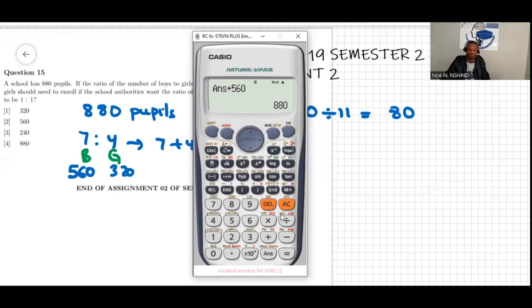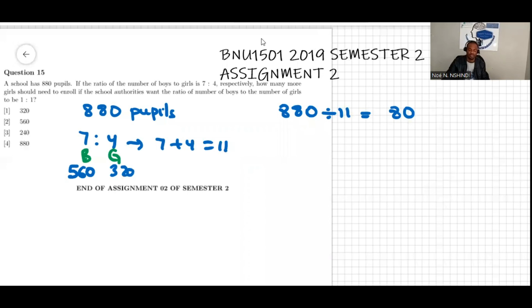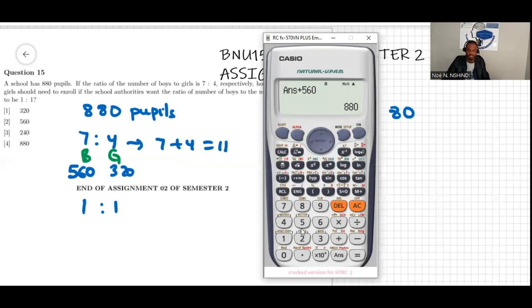Correct. So now, if the authority wants to enroll more girls in order to have a ratio of 1 to 1, or 1:1, we must do 560 minus 320, which is equal to 240.